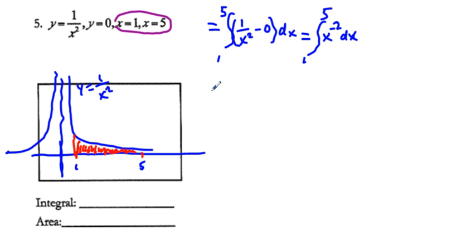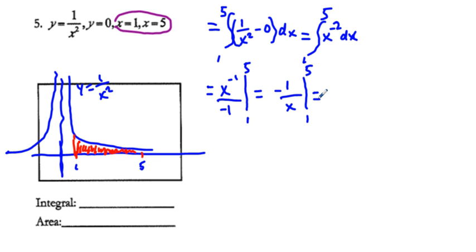And this is going to be equal to, integrating, we add 1 to negative 2, so we're going to get x to the negative 1 power, and we're going to divide by negative 1. And we're going to go between 1 and 5. So that's going to be the same as negative 1 over x between 1 and 5.